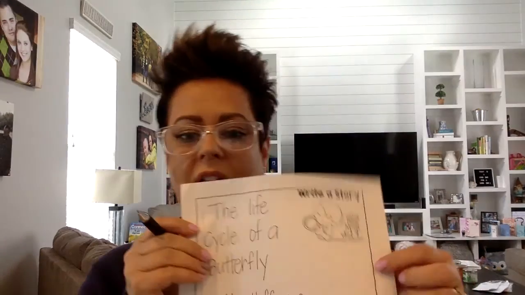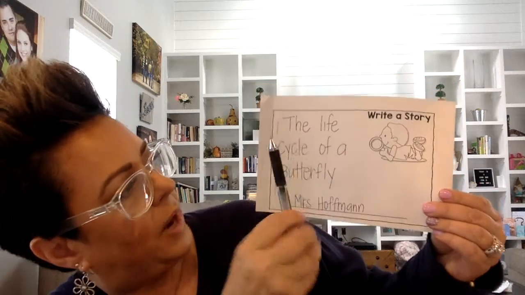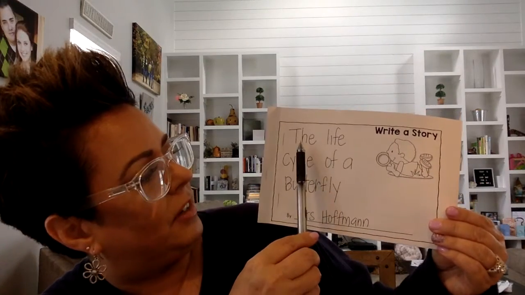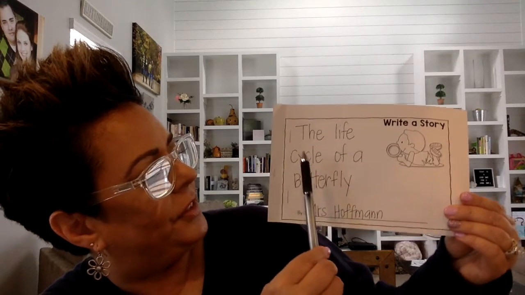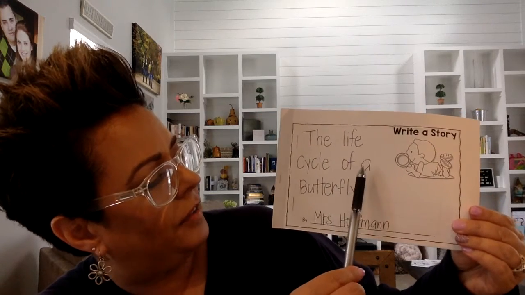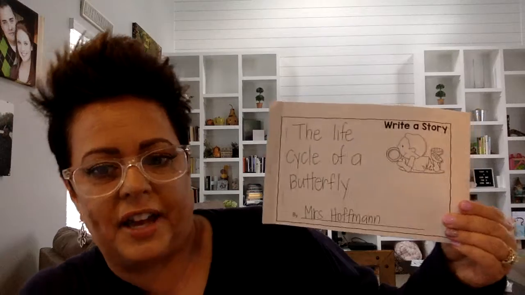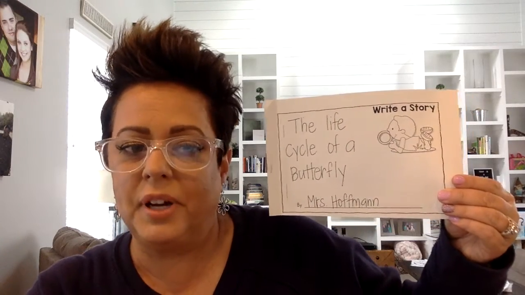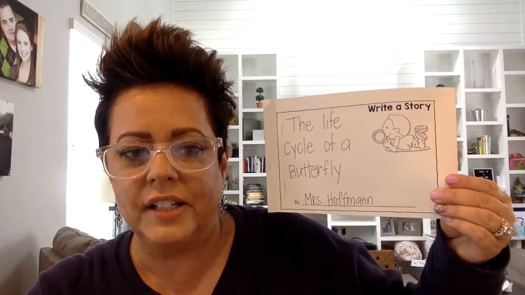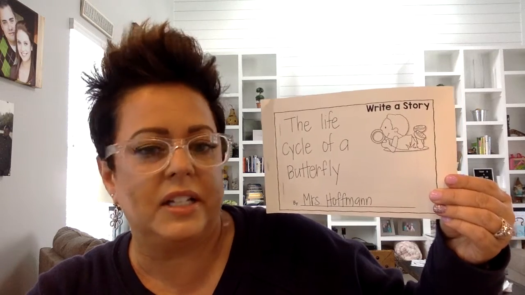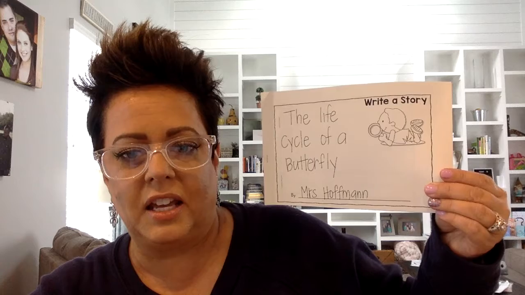So you might need to write a little bit smaller like Mrs. Hoffman did. We wrote our title, The Life Cycle of a Butterfly. You do not need to put a period at the end of a title. A title is a little bit different than a sentence, so it doesn't need a period at the end.